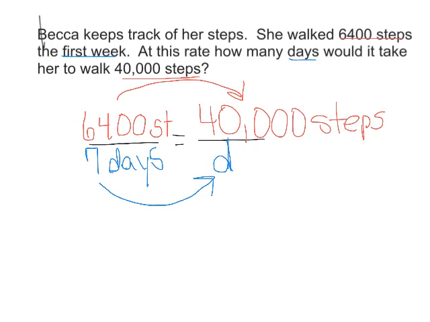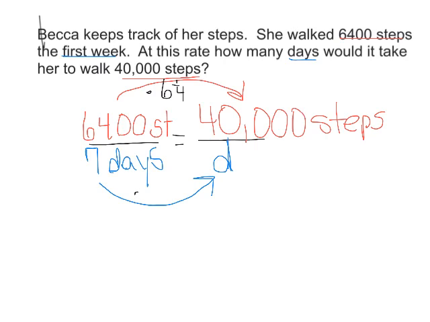So there's the setup. Next, I need to solve. So I find the scale factor to solve. I use a calculator and I do 40,000 divided by 6,400, and my scale factor is 6 1/4.